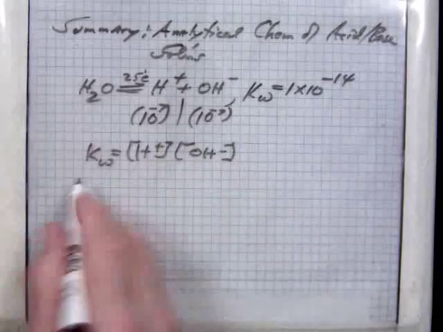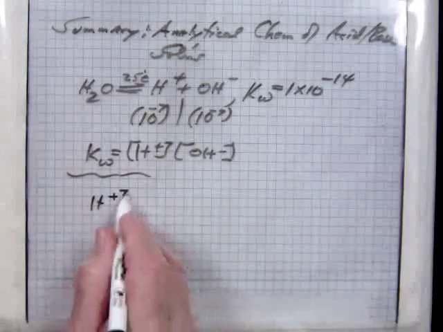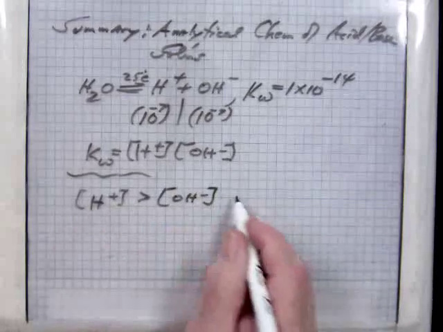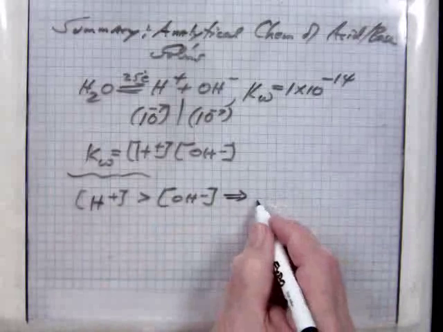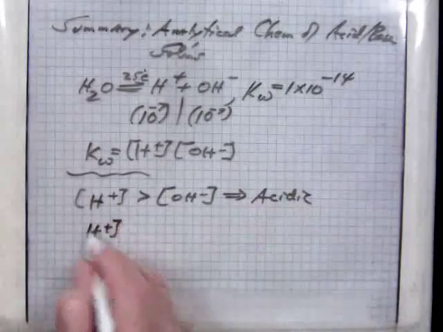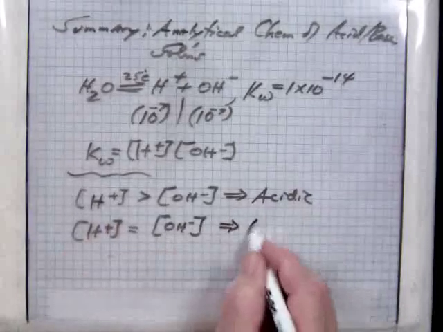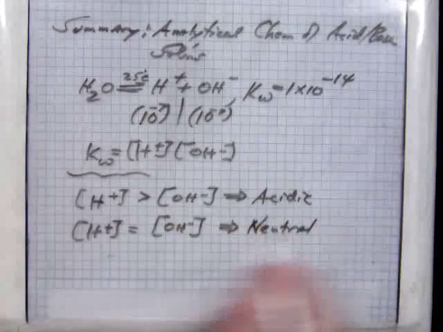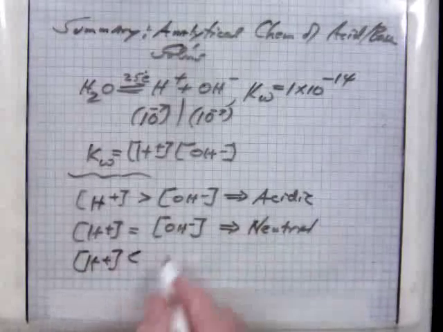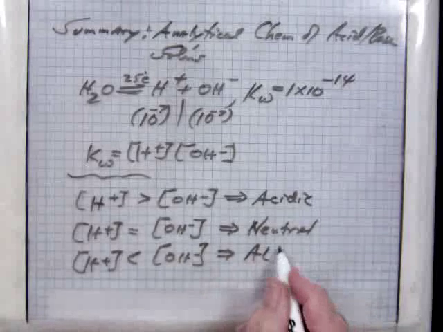Then we defined what an acid is and a base is. If H plus is greater than the hydroxide concentration, then we call that an acidic system. If they're equal, it's neutral. If the hydroxide is greater than the hydronium ion, then it's an alkaline or basic system.